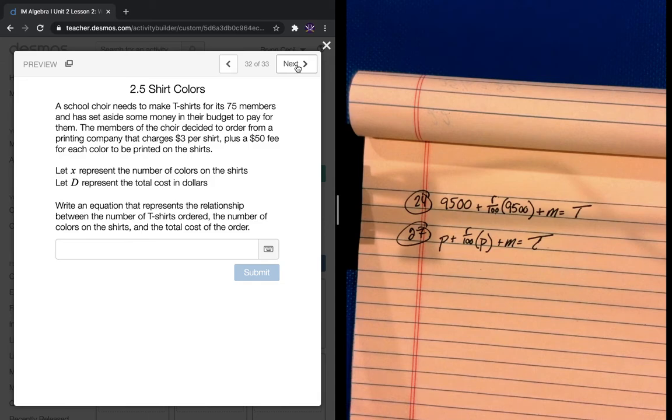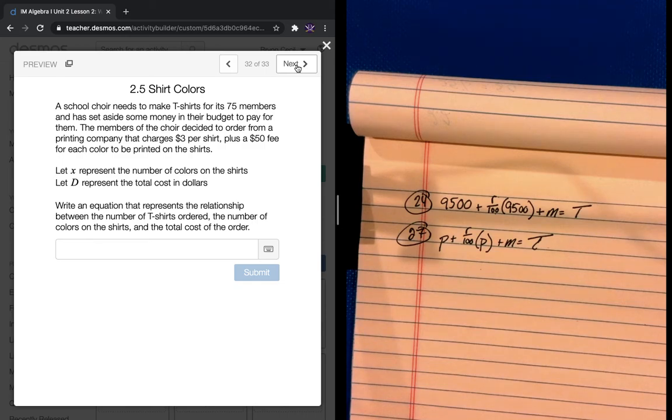The shirt colors. The school needs to make t-shirts for its 75 members and sets aside some money in their budget to pay for them. The members of the choir decide to order from a printing company that charges $3 a shirt plus a $50 fee for each color to be printed. Let X represent the number of colors on the shirt. Let D represent the total cost in dollars.